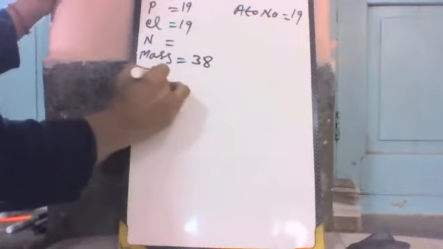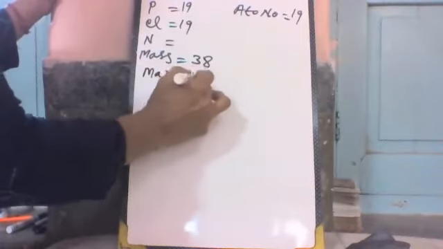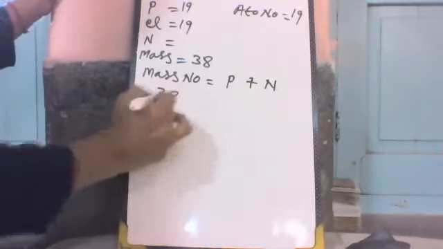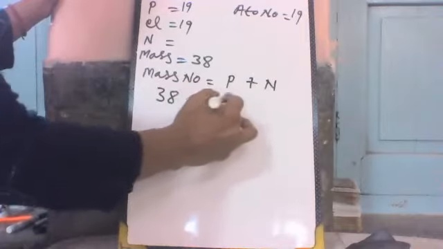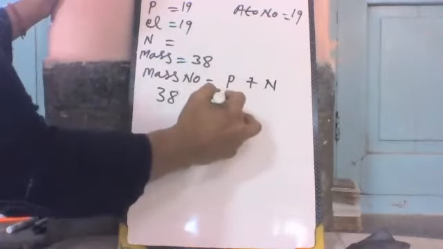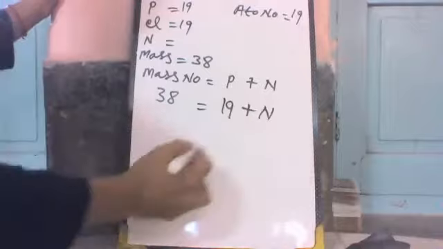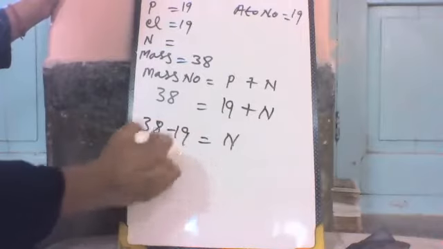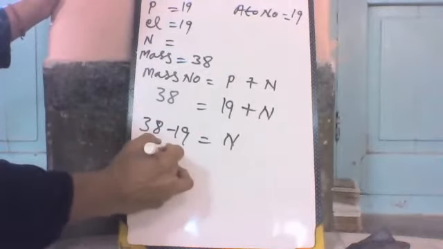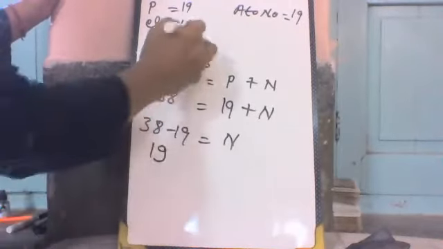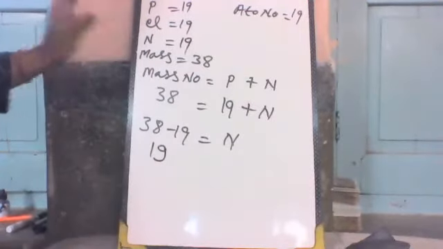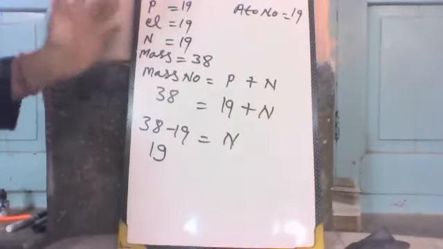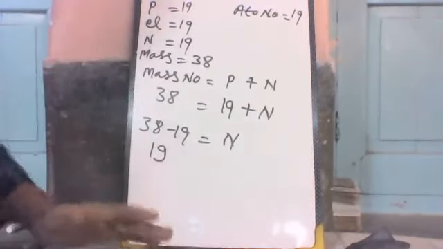To find the number of neutrons, mass number equals number of protons plus neutrons. Protons is 19, so 38 minus 19 equals N, and it is 19. The number of neutrons is 19 also. This is the way to calculate protons, electrons, neutrons, mass number and atomic number.